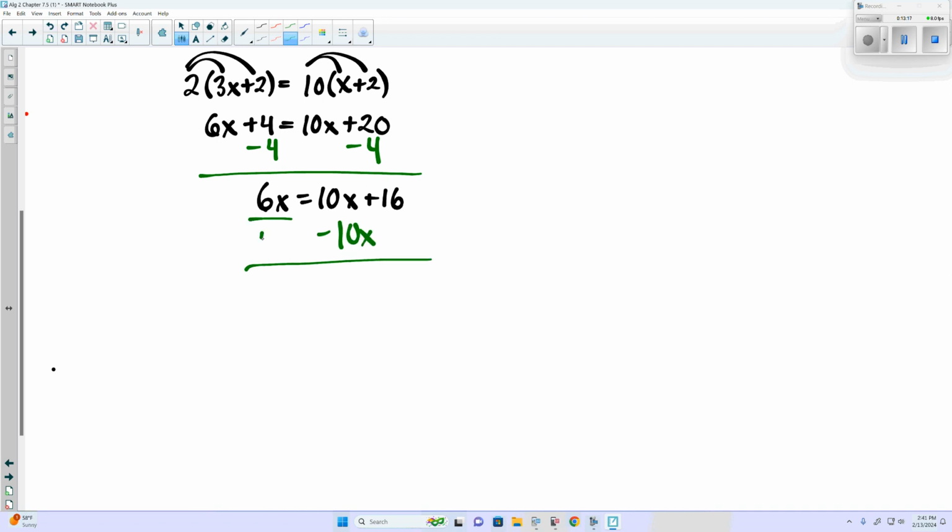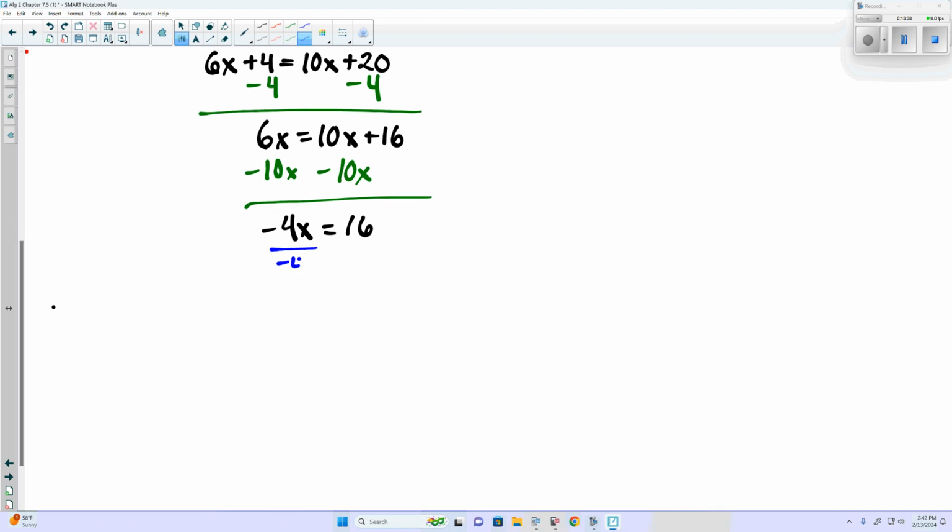I would subtract 10x from both sides. 6x minus 10x would be negative 4x is equal to 16. And now we're going to divide by negative 4, telling us x is equal to negative 4.